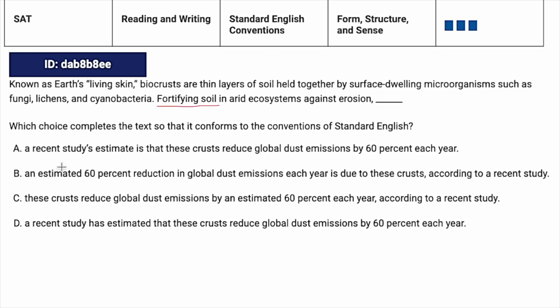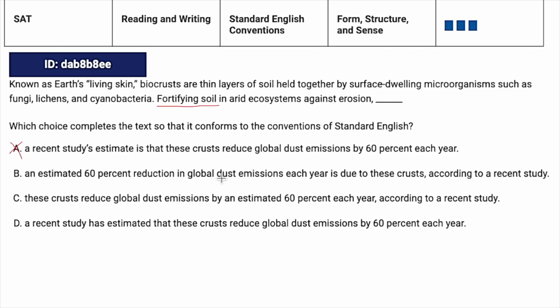Choice A, a recent studies estimate. No, a recent studies estimate certainly can't fortify soil. And honestly, I don't even know what fortifying soil is per se, but I know that a studies estimate certainly can't do it. B, an estimated 60% reduction in global dust emissions.